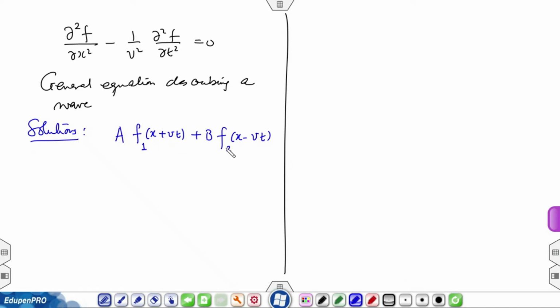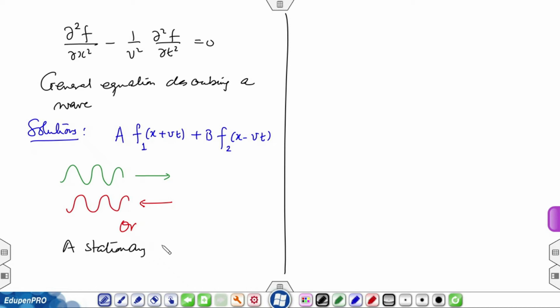So, I could have as solutions a wave which is traveling to the right, another wave which is traveling to the left, or a stationary wave. So, all three are allowed by this equation, and this is the most general wave equation.